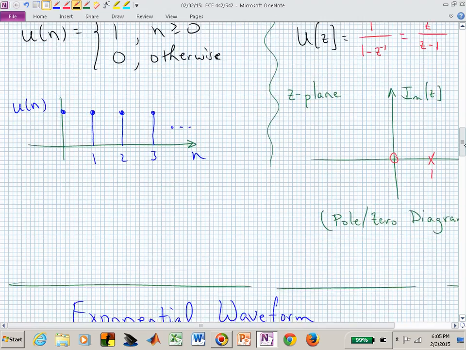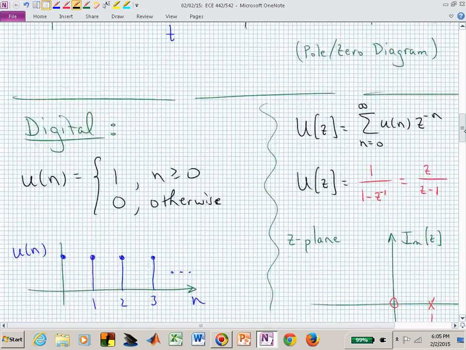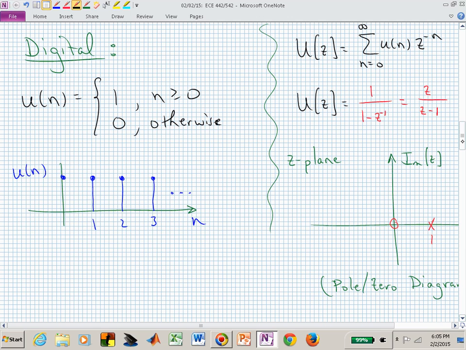What did we derive for this? I guess we derived it last time. What did we know we had to have? Z minus 1 less than 1, didn't we? Which means Z as a complex number needed to be bigger than 1, its magnitude. The region of convergence now is every point of Z that's outside the unit circle.